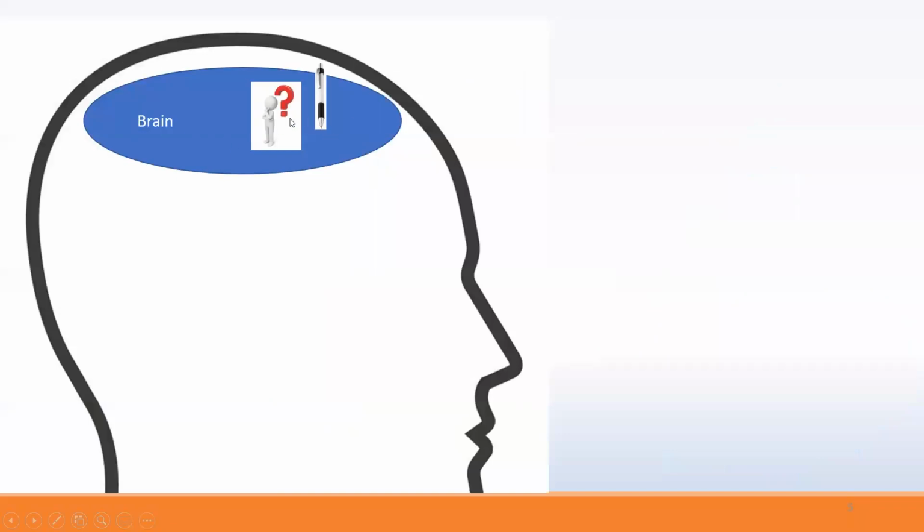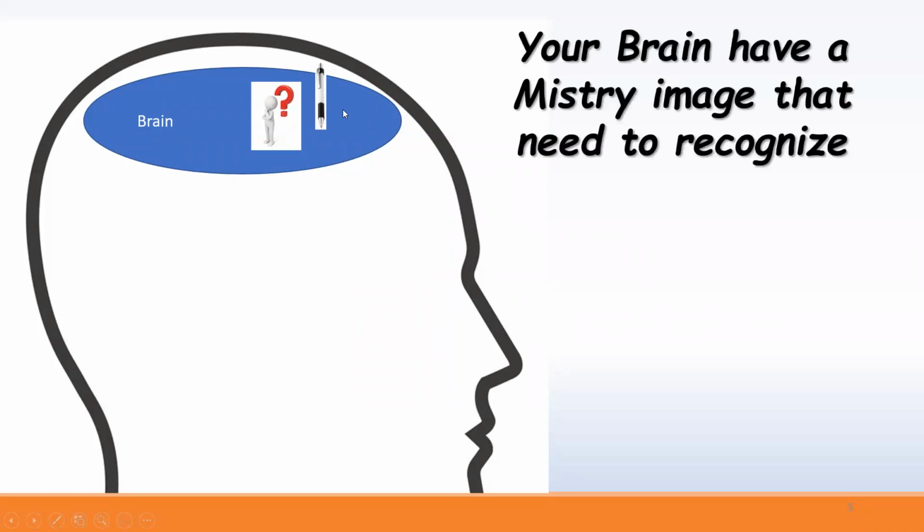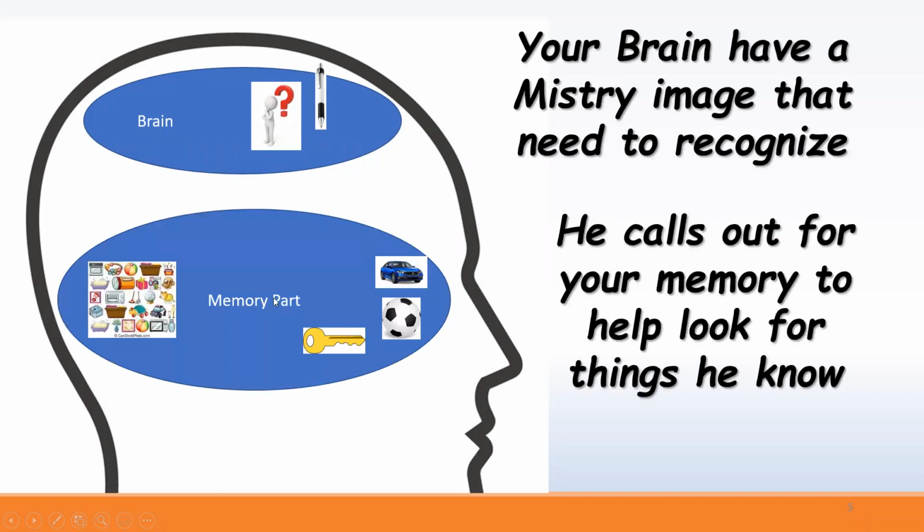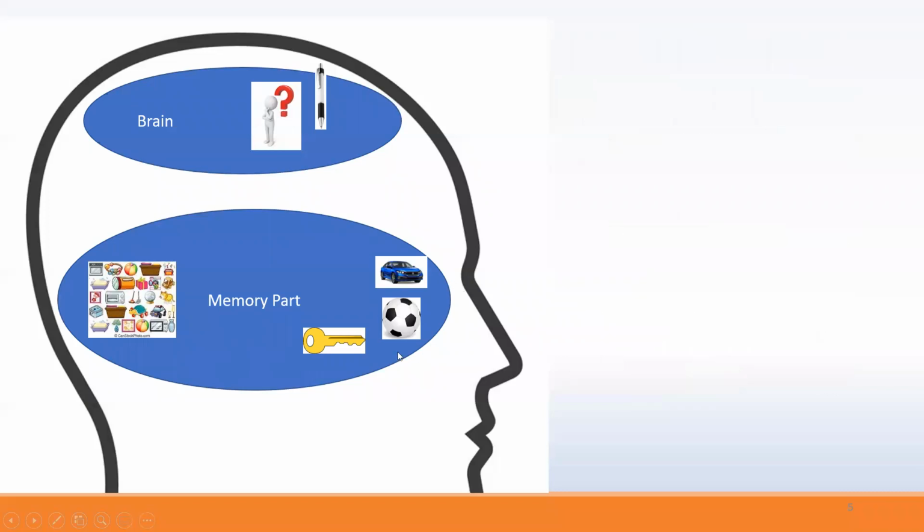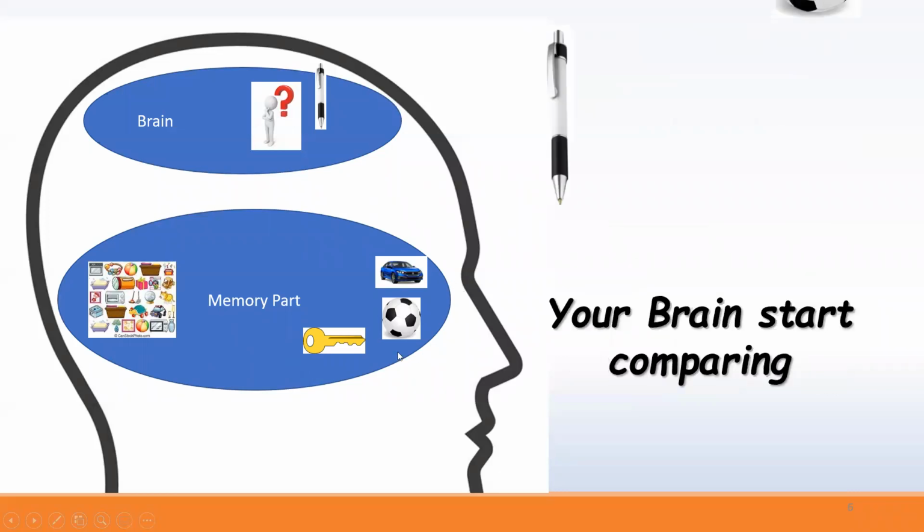Now Sheikha's brain has something that she needs to figure out. What is this? So what does Sheikha's brain do? Simple. Good. Sheikha's brain goes to its memory. It has all the photos that Sheikha saw in her life. Sheikha's brain will start calling them one by one.